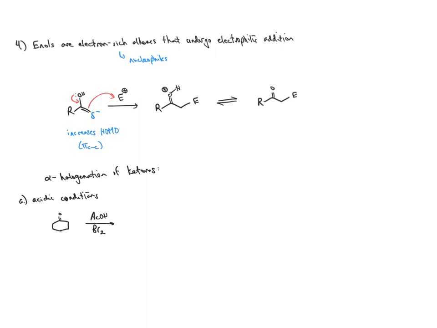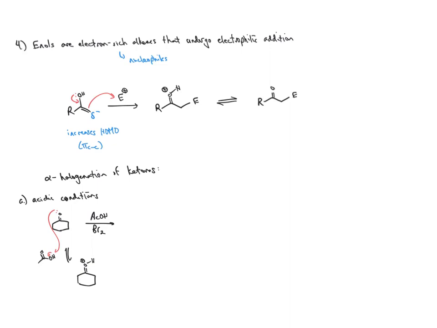Okay. So the first thing that happens, all right, is that you're going to get a protonation of the ketone with acetic acid. So we're going to protonate that ketone to give us a protonated cyclohexanone.